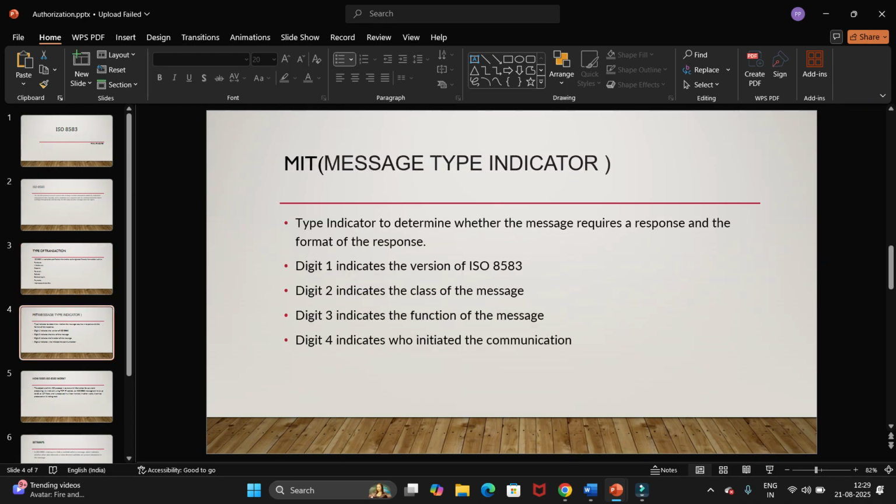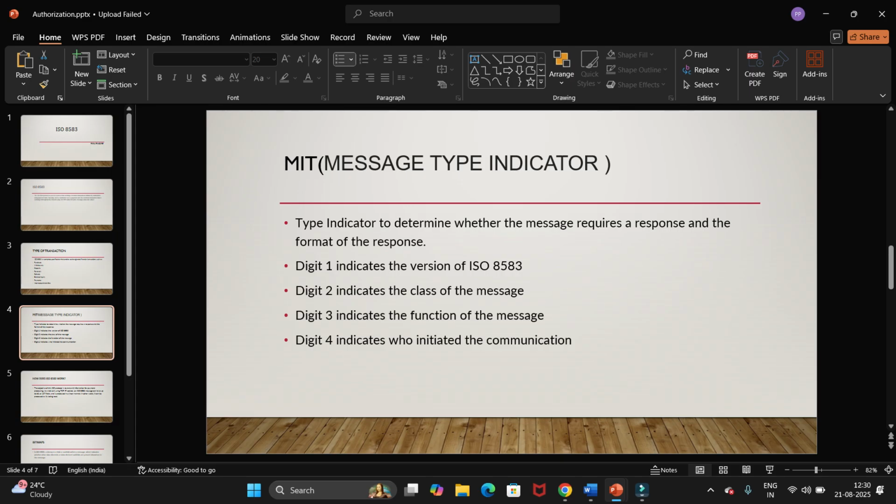Next, we have the MTI, the message type indicator, which is a four-digit field. Each digit has a different meaning. The first digit indicates the version of ISO 8583. The second digit indicates the class of message, like whether it is a financial transaction or what type of transaction it is.